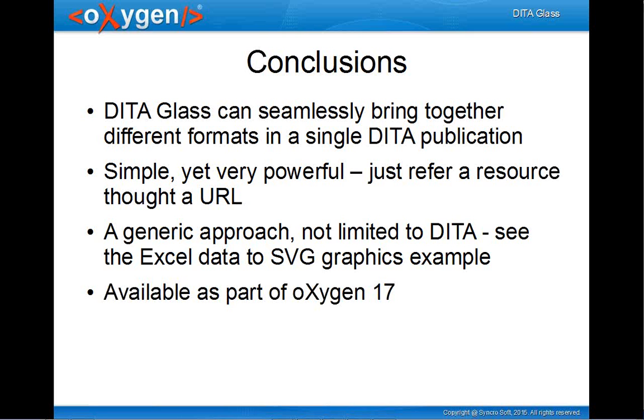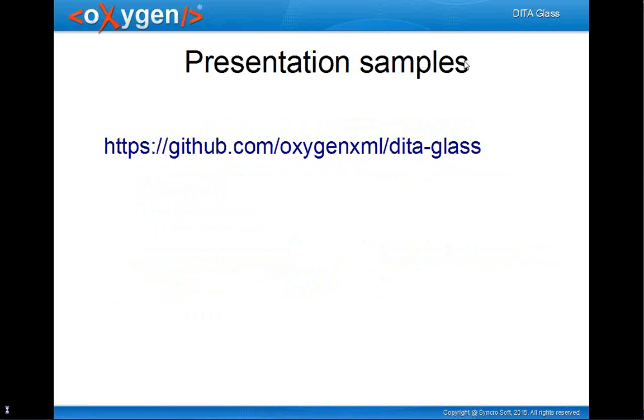And all this functionality is already available in the current Oxygen release, version 17. And the sample files and everything that Radu presented, as he showed earlier, is on GitHub in the DITA-based project on github.com/oxygenxml.